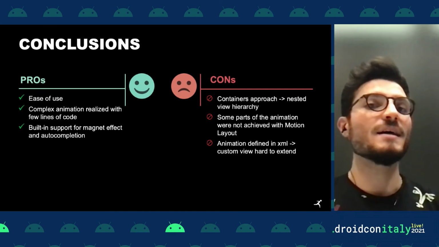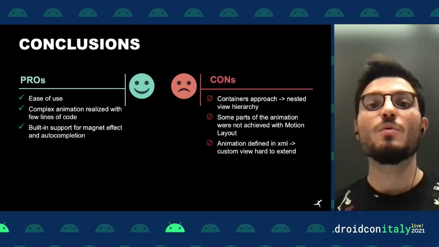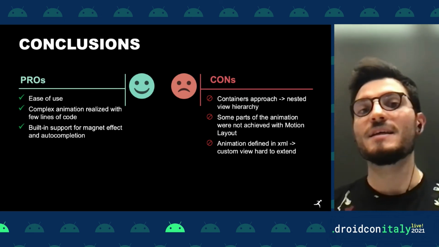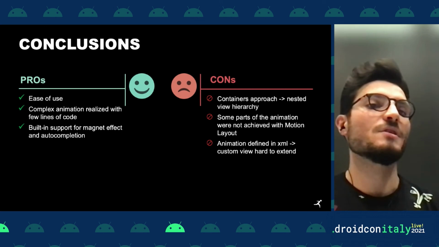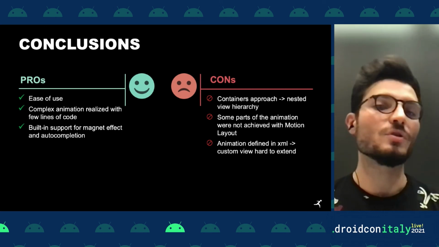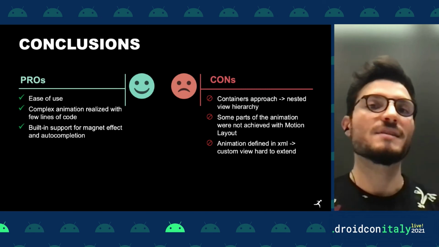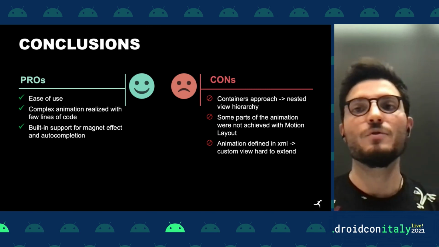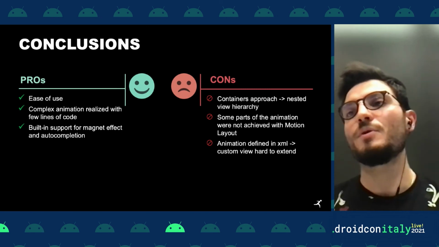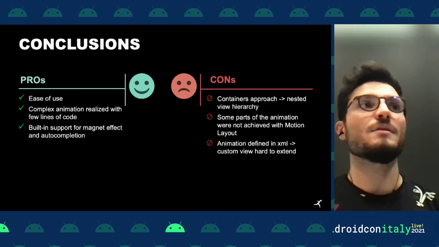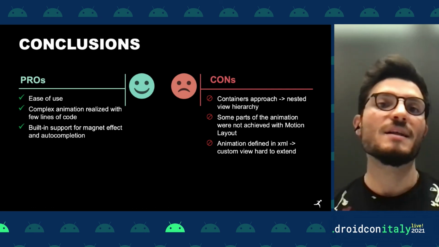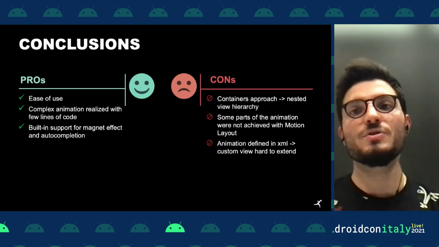And last, the animation was defined in XML. That's good because there are not so many lines of code, but on the other side, the custom view is hard to extend. If you want to extend this component to add some behavior, you basically have to rewrite the motion scene.